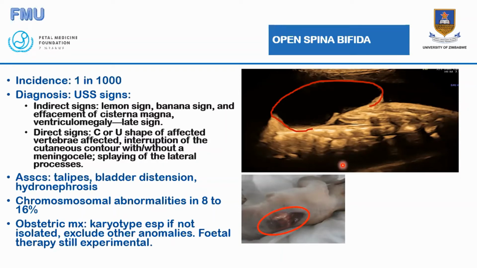We try to do a gross assessment of the neurological function. So we assess the movement of the limbs when the baby is in utero. If the baby appears to be able to move its ankle, to move the knee joint, then we can reassure the woman that probably we may achieve bladder control.